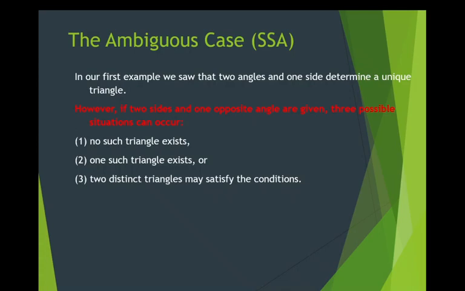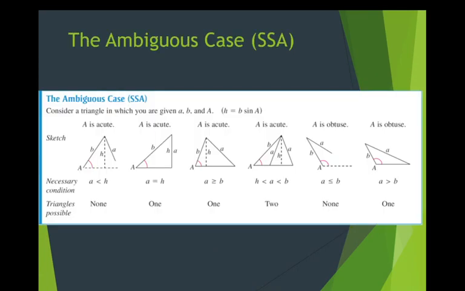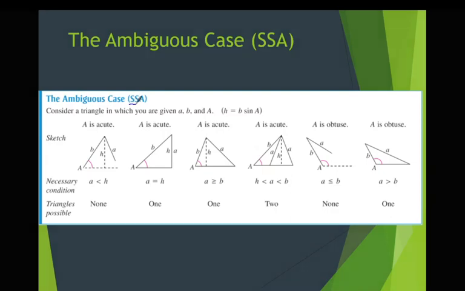So to kind of put this all together, this chart does it very well. Okay? And this is right out of your book. These are the different cases. This is the ambiguous case. The ambiguous case only deals with side-side-angle. Okay?